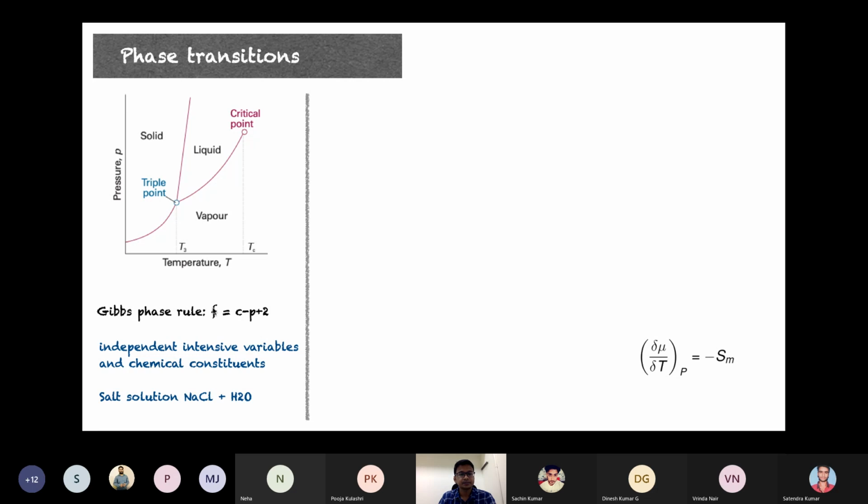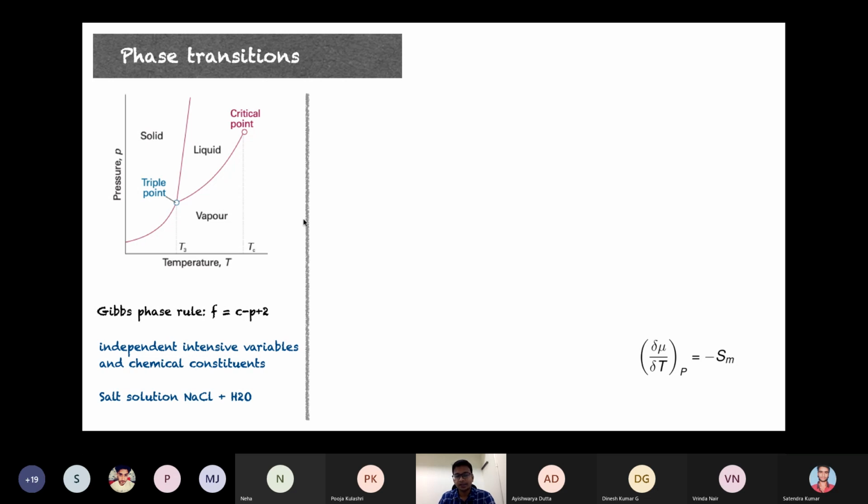Anyone? 3 components. Okay. Anyone else? So when we dissolve sodium chloride in water, we have Na+, Cl-, and water. So it's obvious that we have 3 components or constituents.